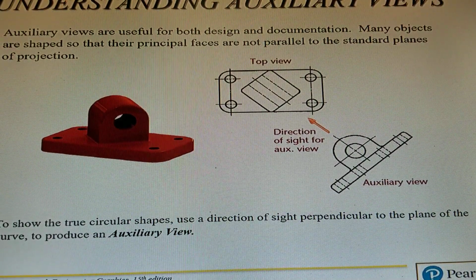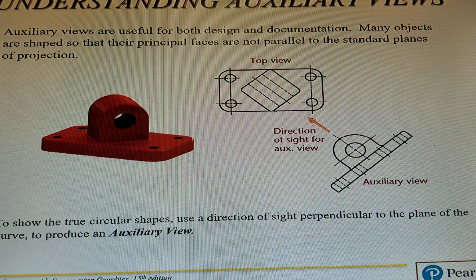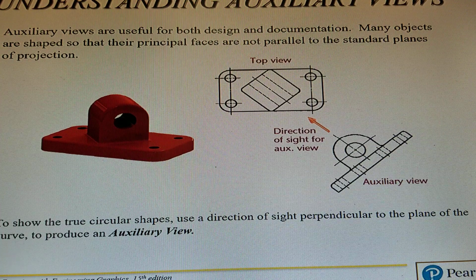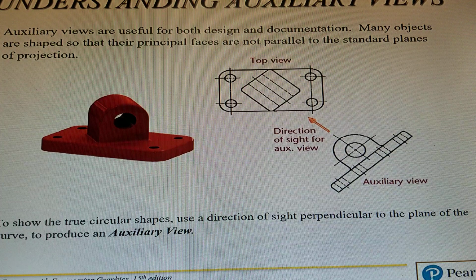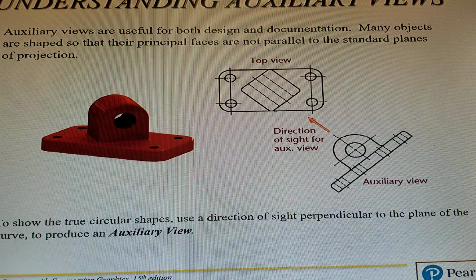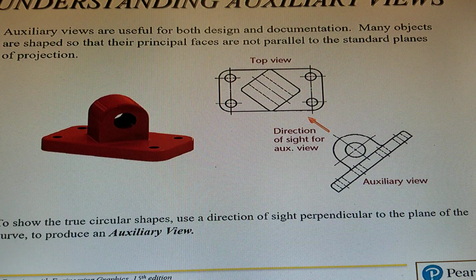Okay, here we are, understanding auxiliary views. Auxiliary views are useful for both design and documentation. Many objects are shaped so that their principal faces are not parallel to the standard planes of projection. To show the true circular shape, use a direction of sight perpendicular to the plane of the curve to produce an auxiliary view. So if you look in that top view, you notice that upper part is kind of turned at a 45-degree angle.